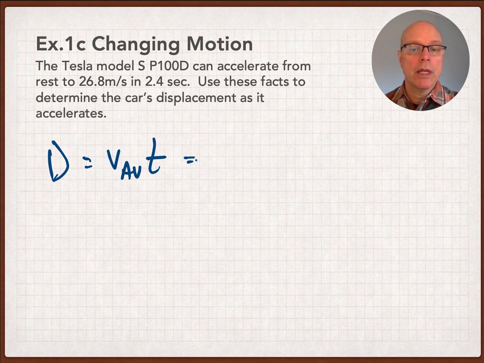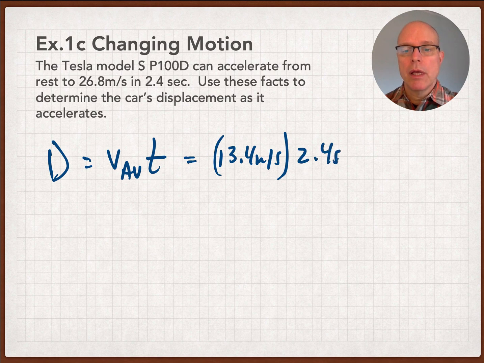So it's a way of channeling simple algebra to handle a complex motion. V average we just figured out a minute ago. It was 13.4 meters per second. And we're going to multiply that by the 2.4 seconds. And when we do it, we get that this car travels 32.16 meters as it speeds up from 0 to highway speed.